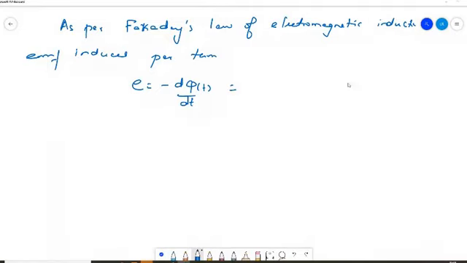We know phi of t already, and we have obtained this d phi by dt as well.